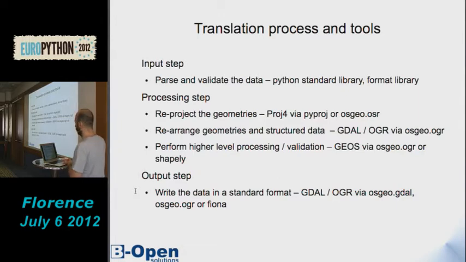If you use it at this step, with the semantic structure that GDAL OGR gives you, it will be really easy to do the final step, that is, to choose a file format of your liking and save the data in that file format.